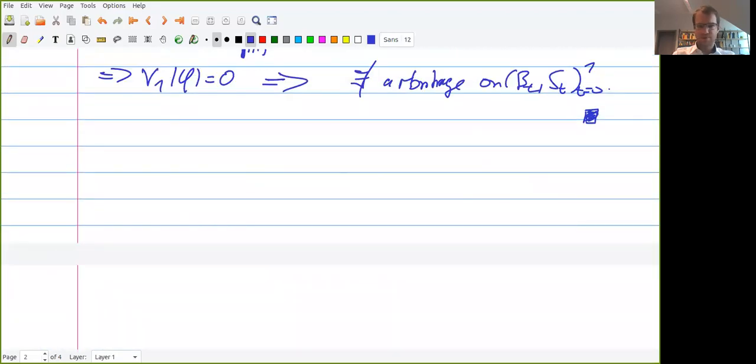Just to make it clear, let's picture why this is actually what one would expect. So we start somewhere, let's say at 1. Let's normalize this here. This is time 0, we normalize this to 1, which corresponds to the B1. So if we put our money into the bank account, what do we get?